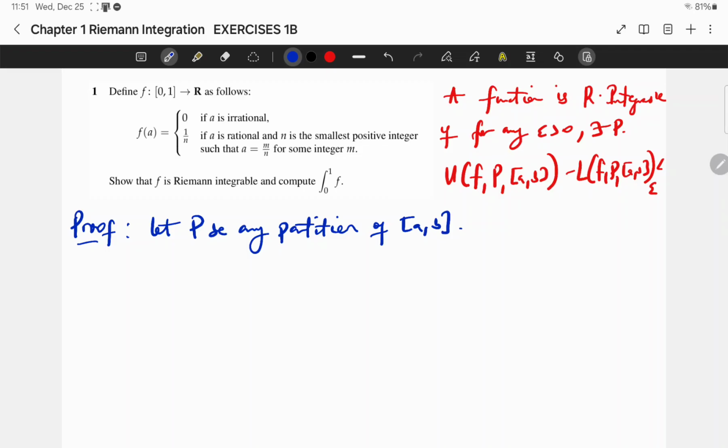Okay, so for any sub-interval, let's say P equals x naught, which is 0, equals x naught, x1, up to xn equals 1.